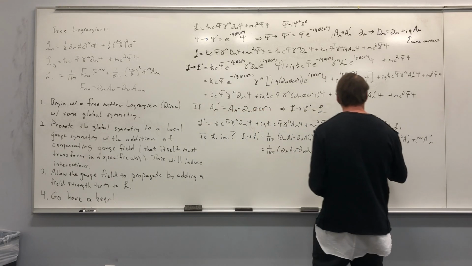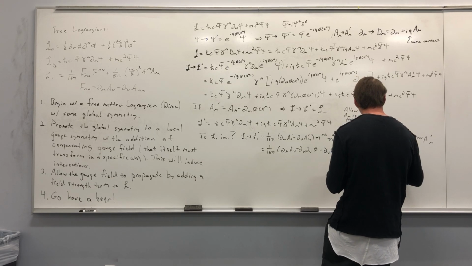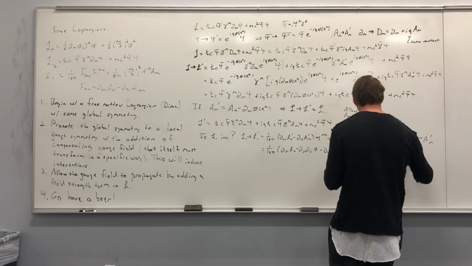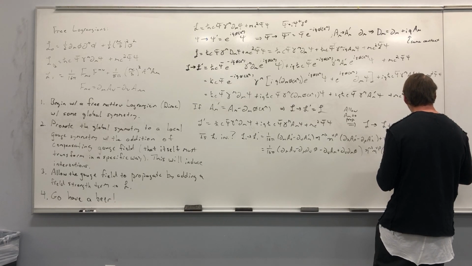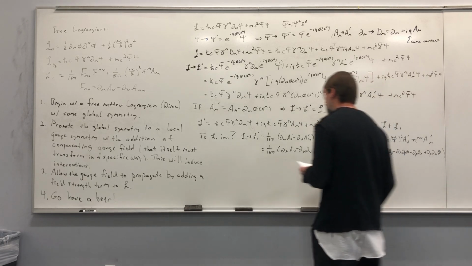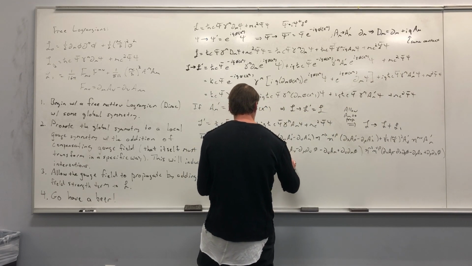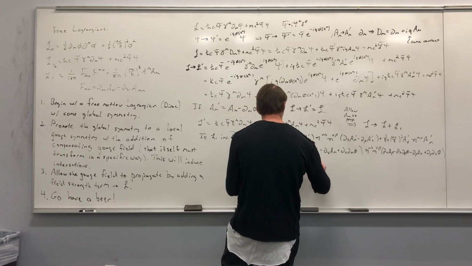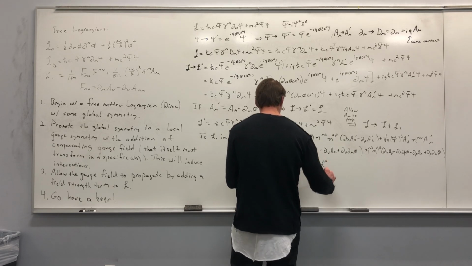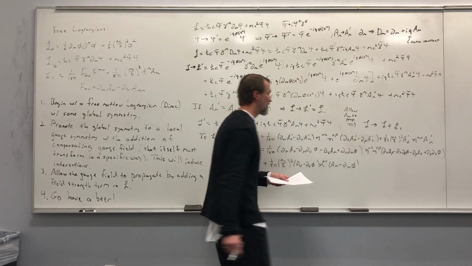Now we'll do the eta mu lambda, eta nu rho, and then we're going to have d lambda A rho minus d lambda d rho phi minus d rho A lambda plus d rho d lambda phi. And then last but not least, plus 1 over 8 pi, mc over h bar squared, A nu minus d nu phi, eta mu nu, A mu minus d mu phi.